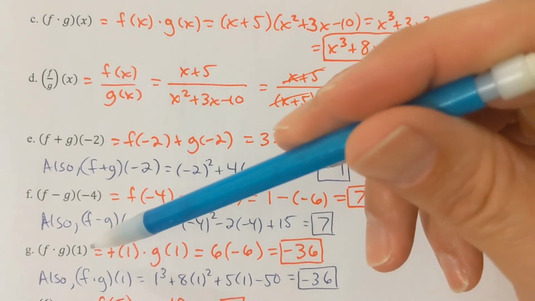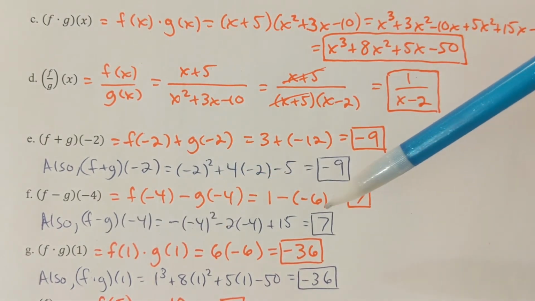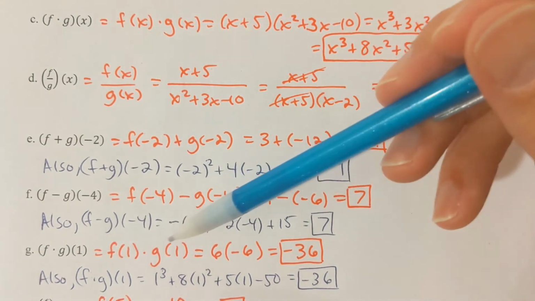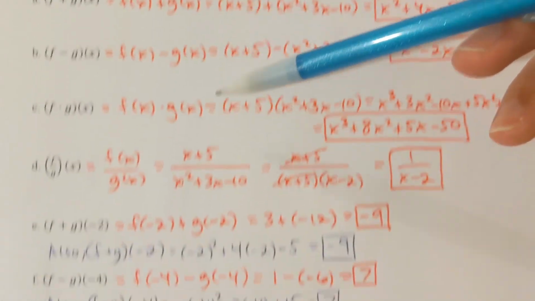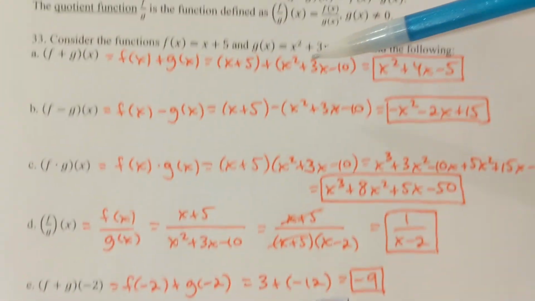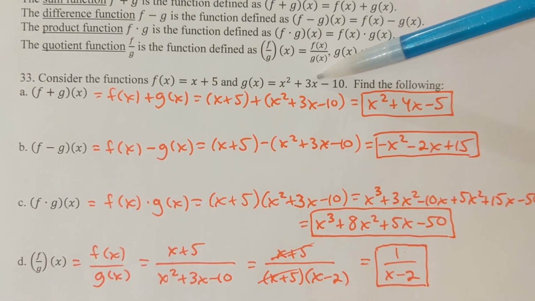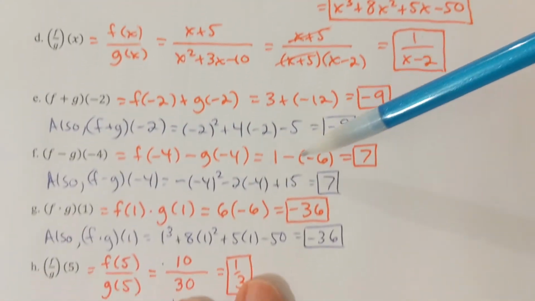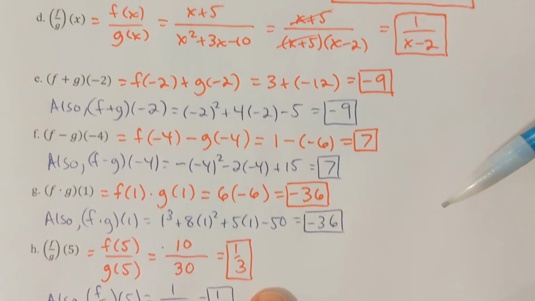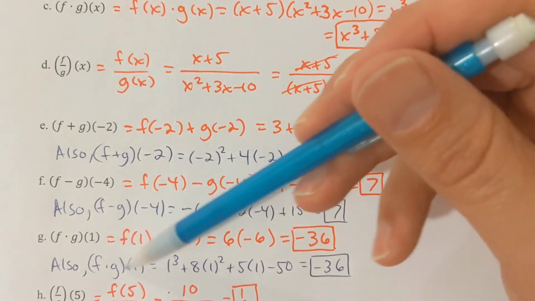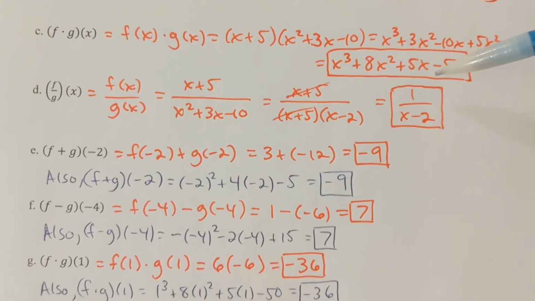Okay, how about f times g of 1? Well, that would be the same as f of 1 times g of 1. F of 1 would be 6, right here. And then g of 1: 1 plus 3 is 4, minus 10 is negative 6. 6 times negative 6 is negative 36. And of course, I could also just use the formula that I've created right here.